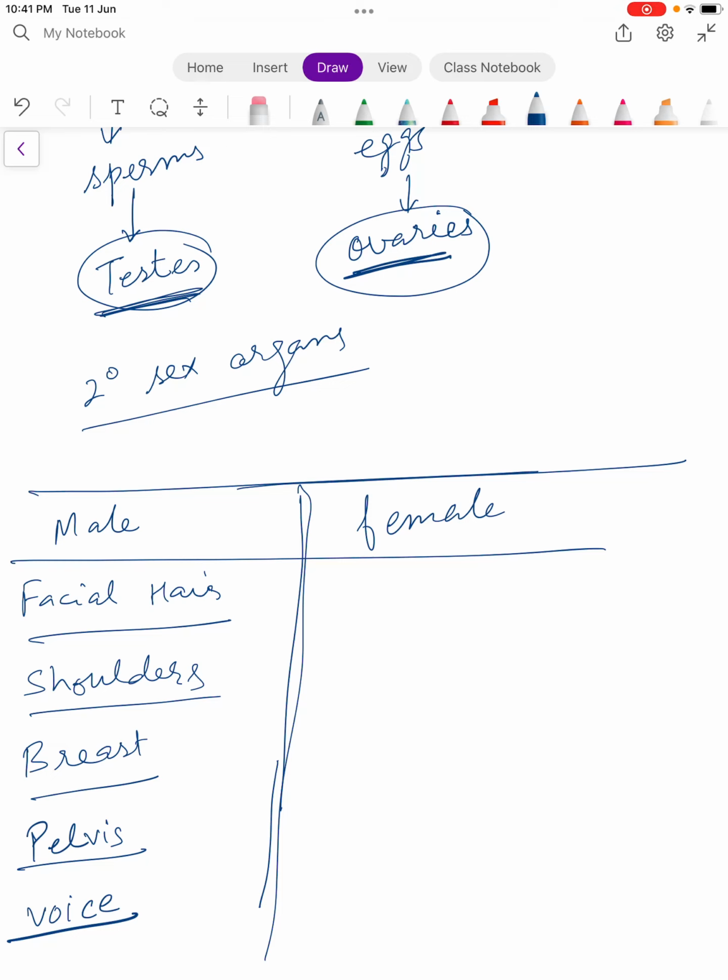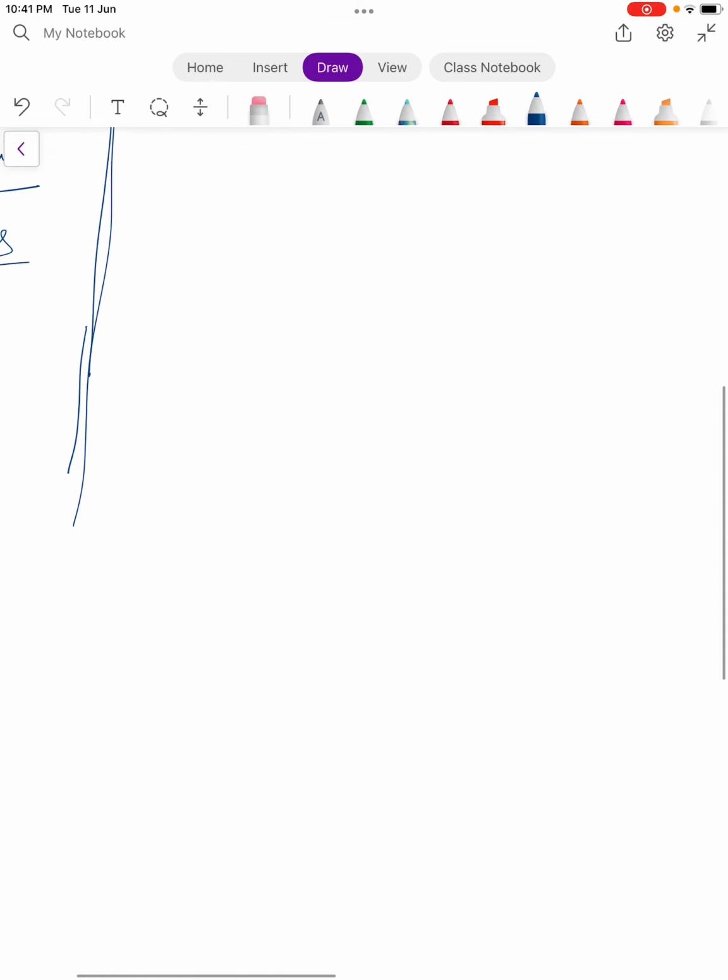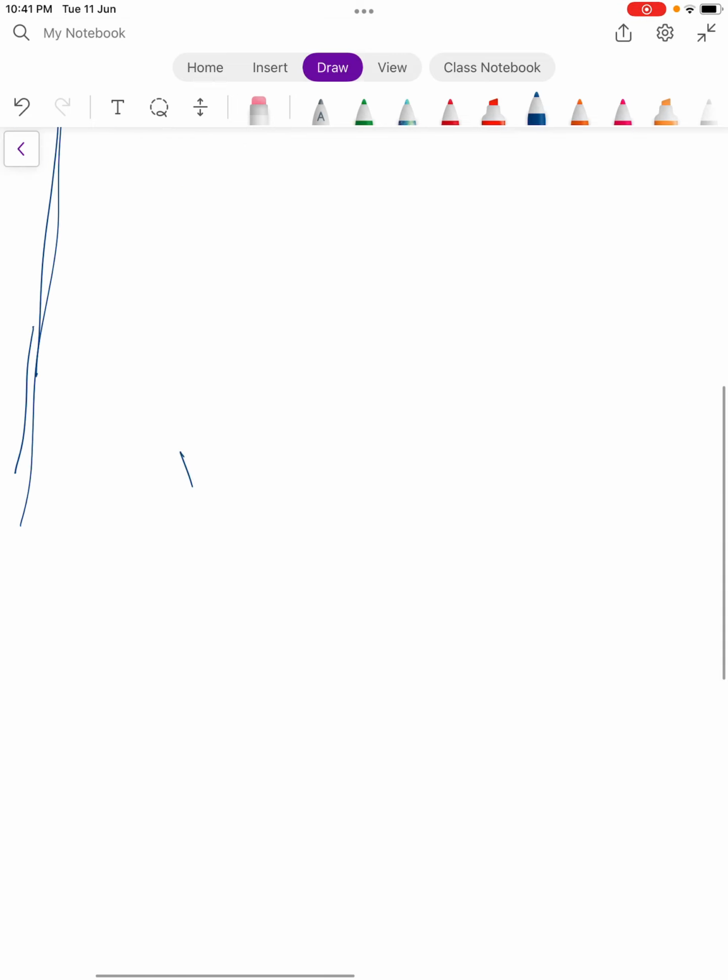So next, which is a very important thing, is puberty. What is puberty? Puberty is the period between childhood and adulthood, when primary sex organs become functional and start secreting sex hormones.